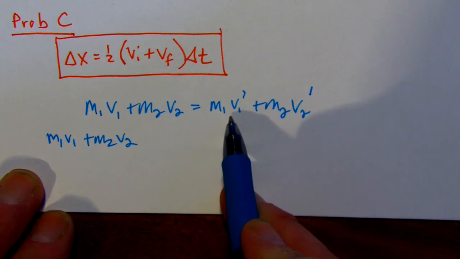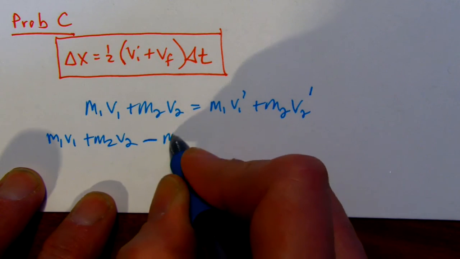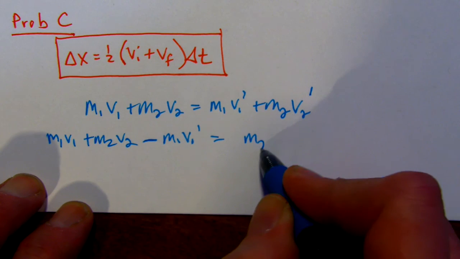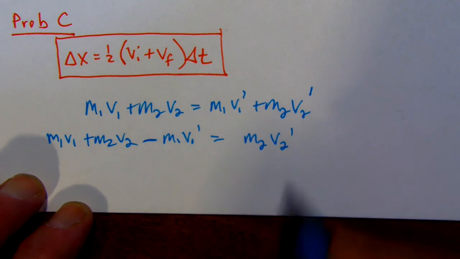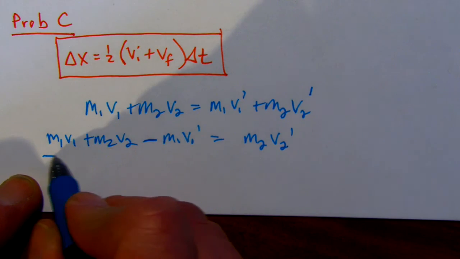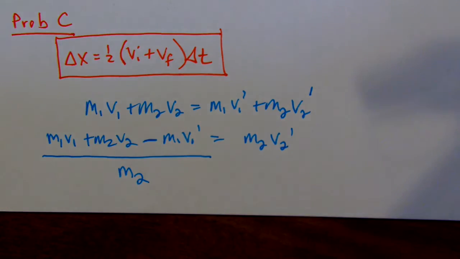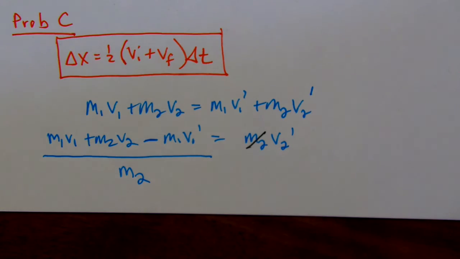You subtract that expression, and then you can leave M2 V2 here. And then finally, we're going to save you a little bit of time. You would simply divide by M2, and that would give you your V2 prime. So that's just a warm-up to the idea of what you're going to do for practices A through D.